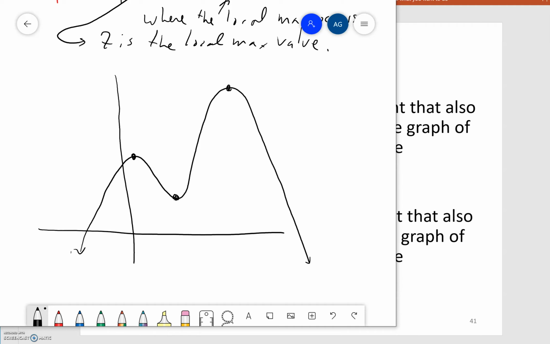This is a maximum. But this point is an absolute maximum. Now it's also a local max. It's both.